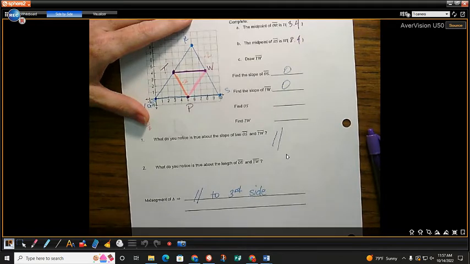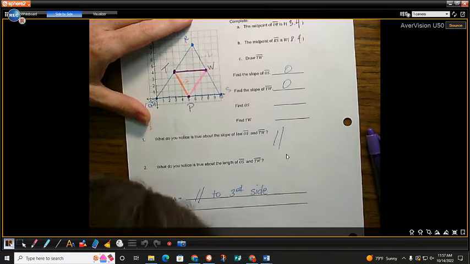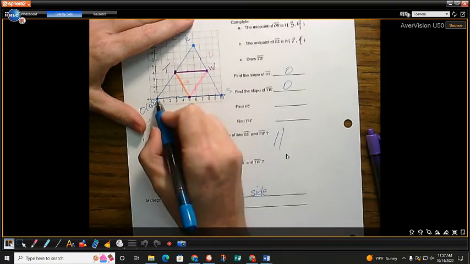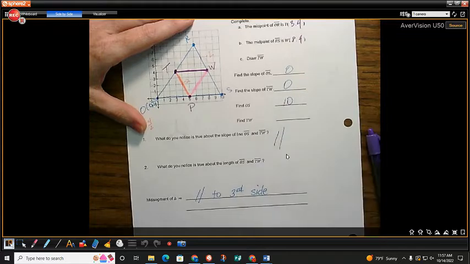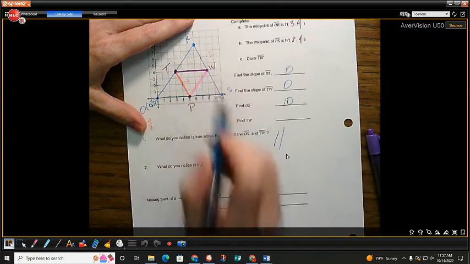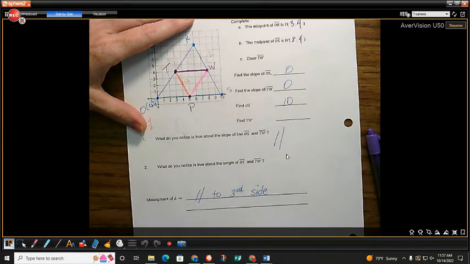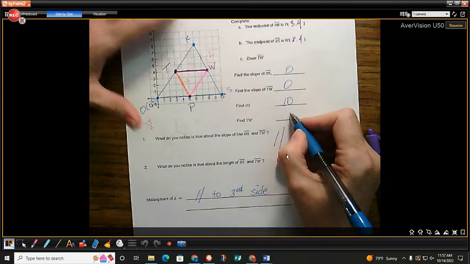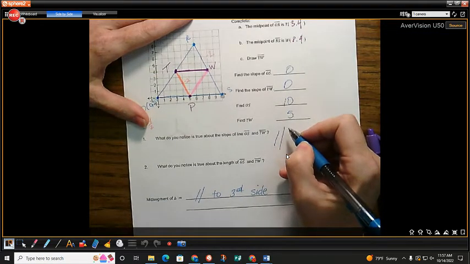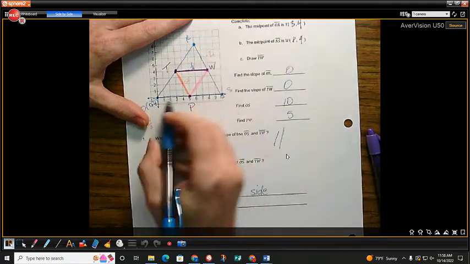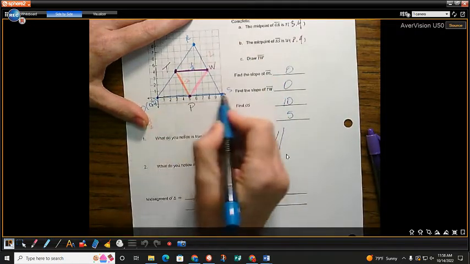But wait, there's more. How long is OS? 10. 10 metric units. How long is TW? Like 5. You notice something special? It's half the length of the third side.